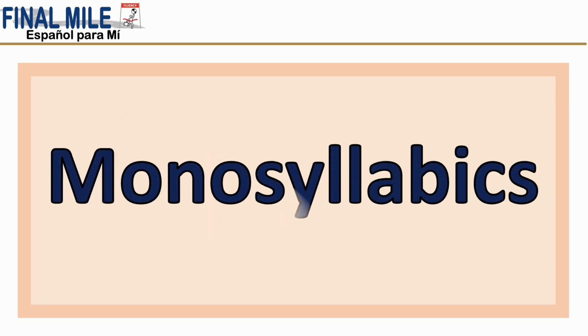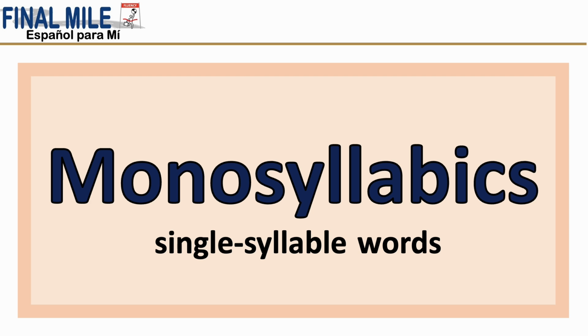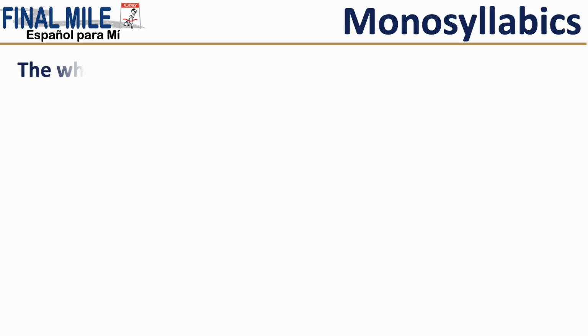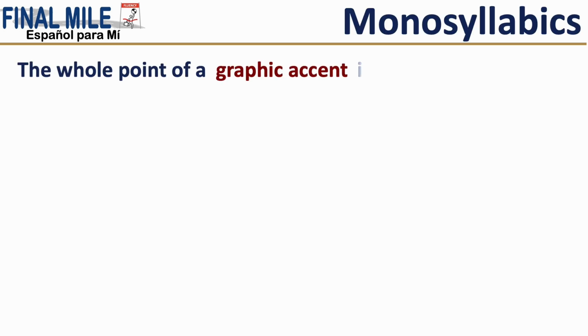Okay, so let's go over here and talk about, I know that sounds like such a big word, monosyllabics, meaning single syllable words, short words. What is the whole point of a graphic accent?